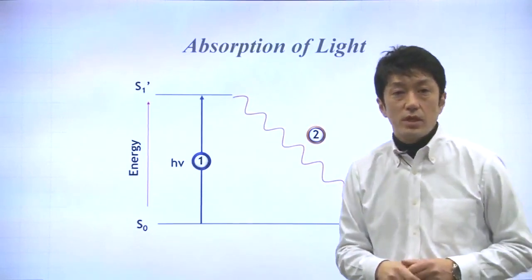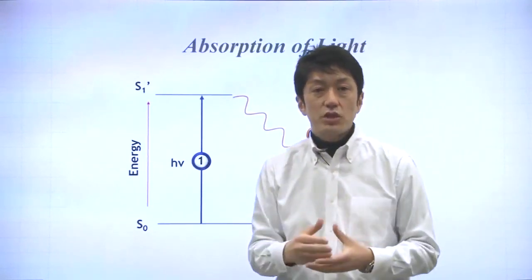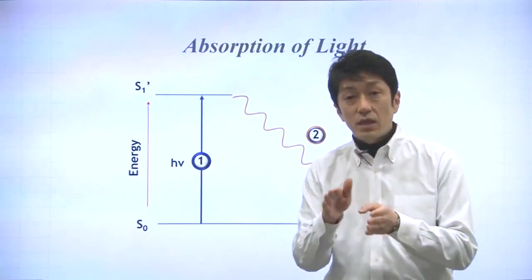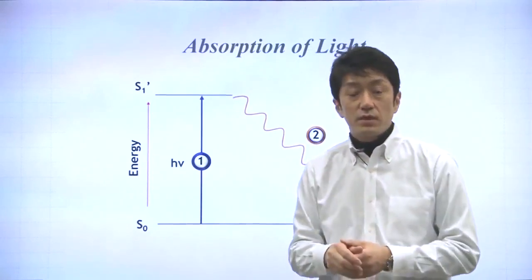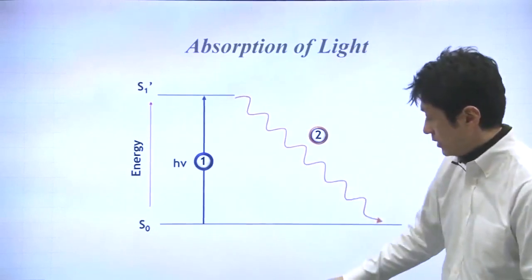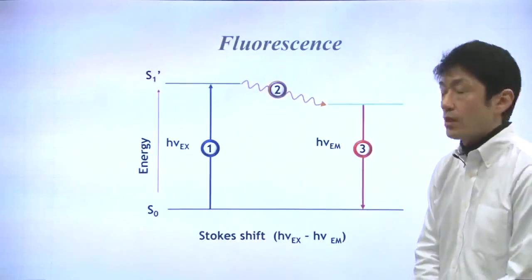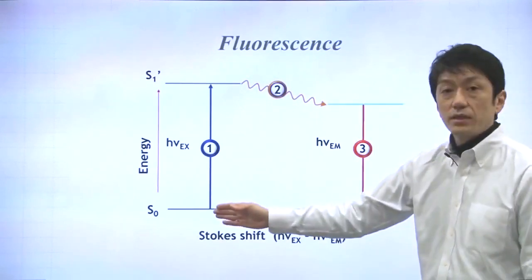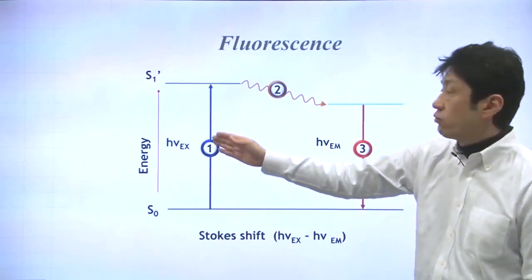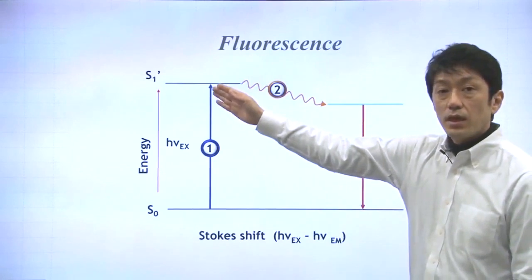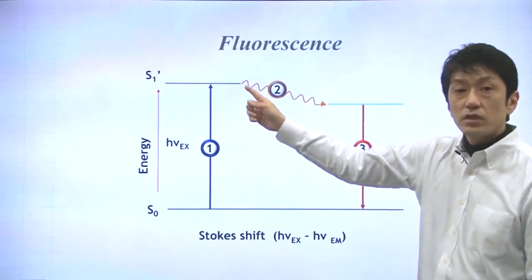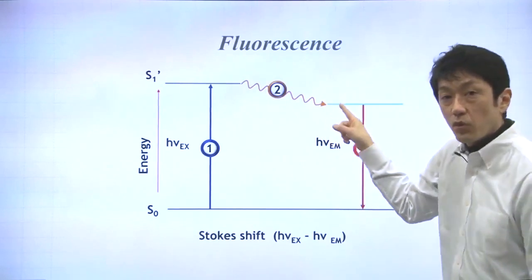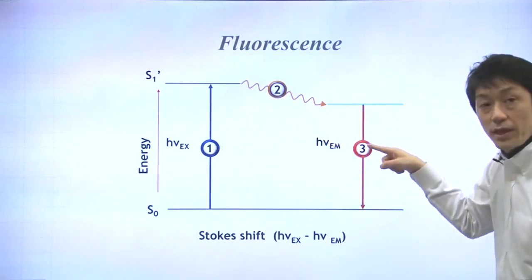Some chemicals release the energy by emitting light instead of heat. That is fluorescence. When a fluorescent chemical is excited by absorbing light, energy is released a little bit, and then the molecule emits the light back.